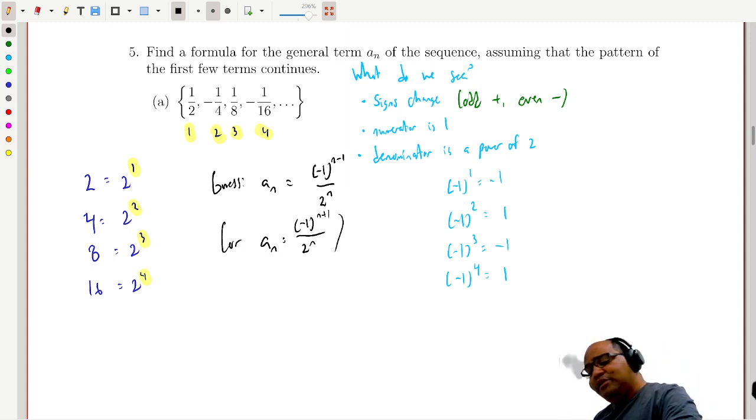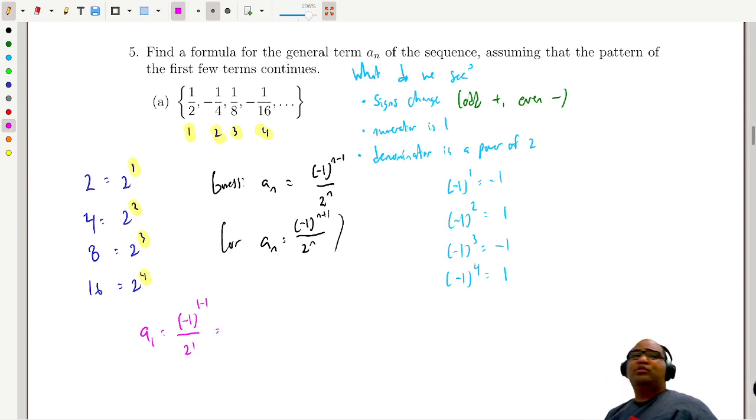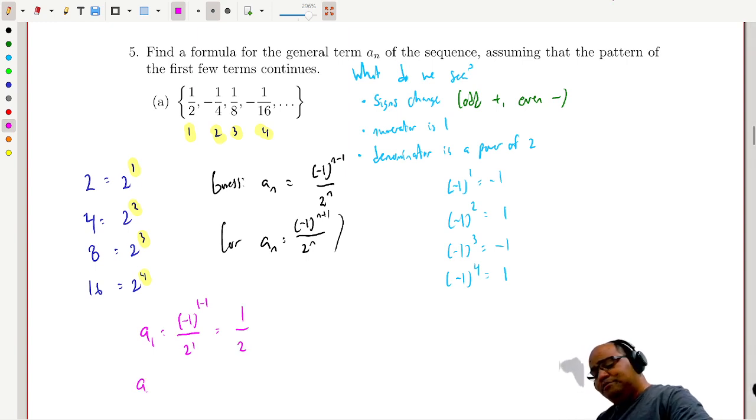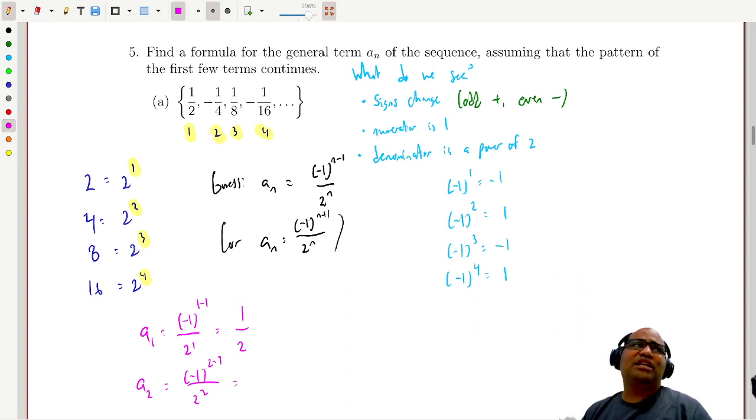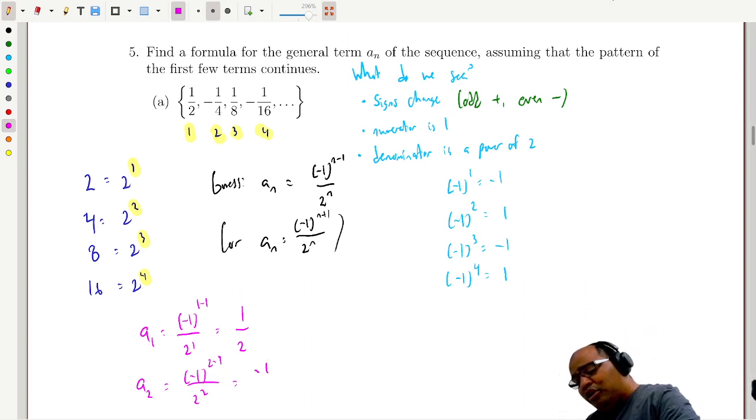And does that work? Well, let's check. Well, a1 here, let's see, we have -1 to the 1 minus 1 over 2 to the 1. Well, -1 to the 0 is a plus 1. 2 to the 1 is 2. Okay. For a2, we have 2 minus 1 in the exponent there, and then 2 squared. Well, 2 minus 1 is a 1. -1 to the 1 is a -1.